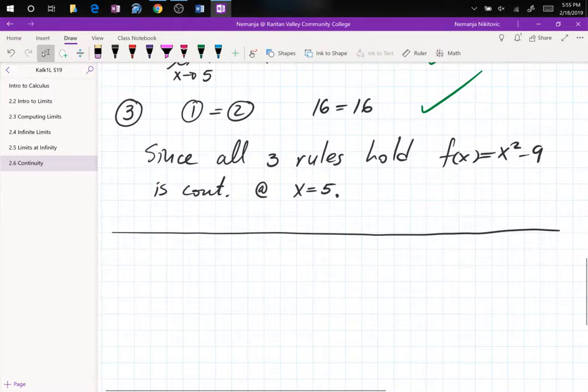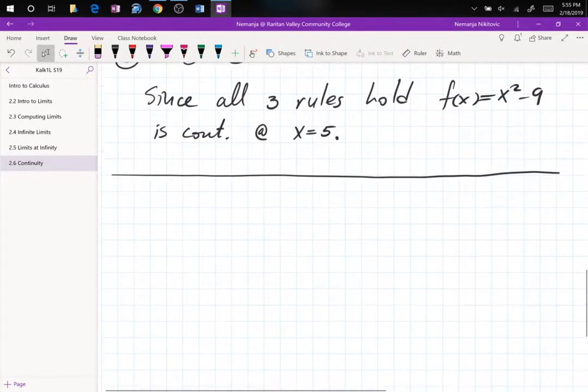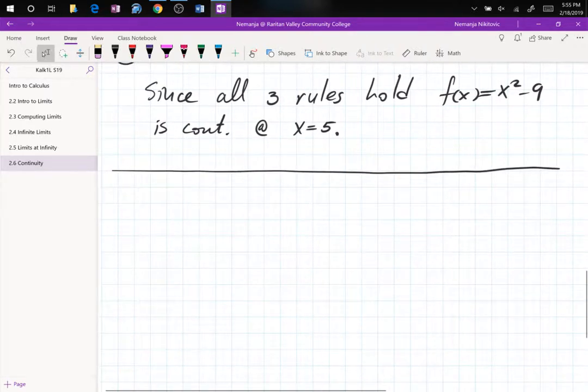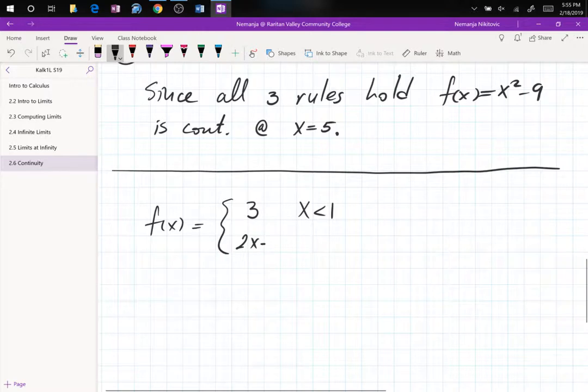Anyway, all right, we're good that we cleared that, because the next example is going to take a look at a piecewise function f of x, given to us as 3 for all x's smaller than 1, and as 2x minus 3 for all x's larger or equal to 1. And we want to know if this is continuous at x equals 1.